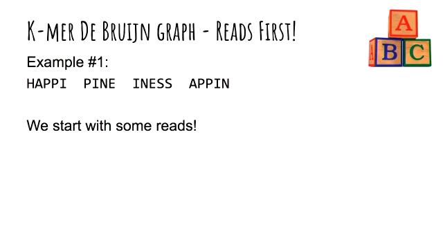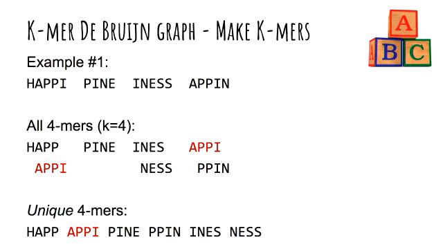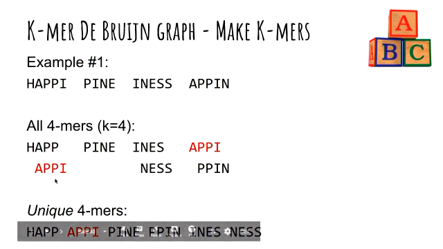So what we need to do is find all of the subsequences. In this case, let's try 4, because that's our smallest read. So let's find all the 4-length subsequences for each of these reads. For happy, the 4-length subsequences are hap, the first 4 letters, and then we move across 1 and pull out the next 4-long subsequence, which is appy. So we get those 2 k-mers out of there.